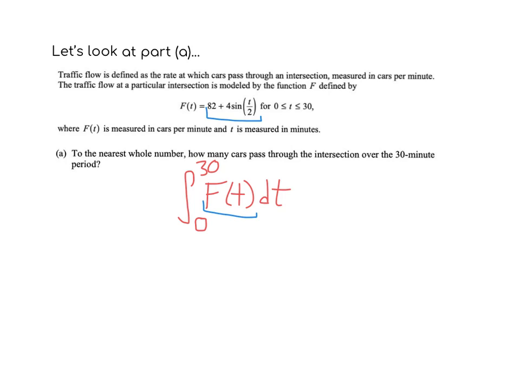We're probably going to have to use it a couple different times over the course of this problem. So as we are looking at this, this is probably going to be almost all that we need for this. When I throw this on a calculator and we're asked to round to the nearest whole number, I get the number 2474, and the units here would be cars.